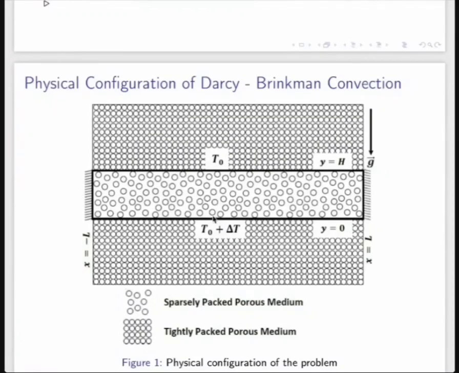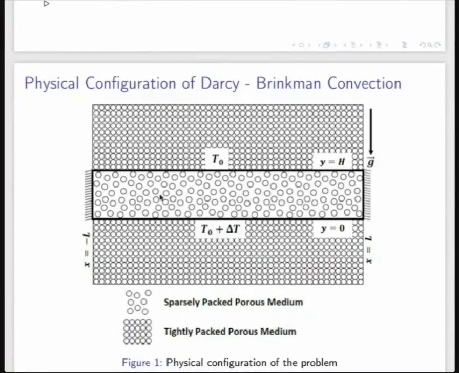And the lower horizontal plate is maintained at a higher temperature, T0 plus delta T, and the upper horizontal plate is maintained at a lower temperature, T0.